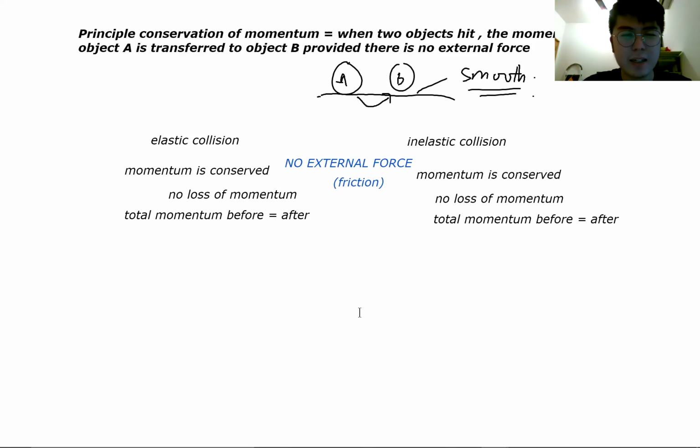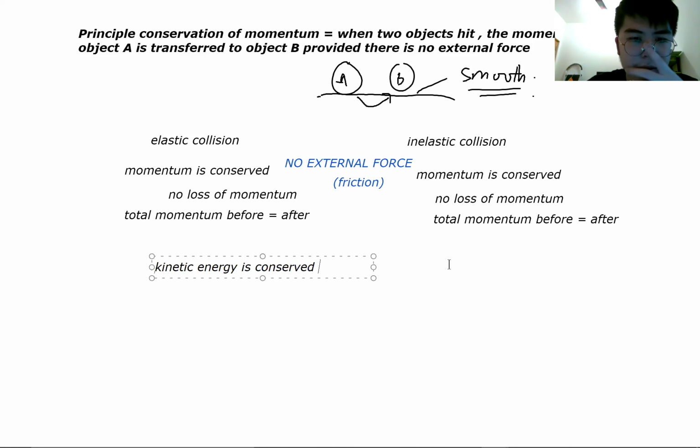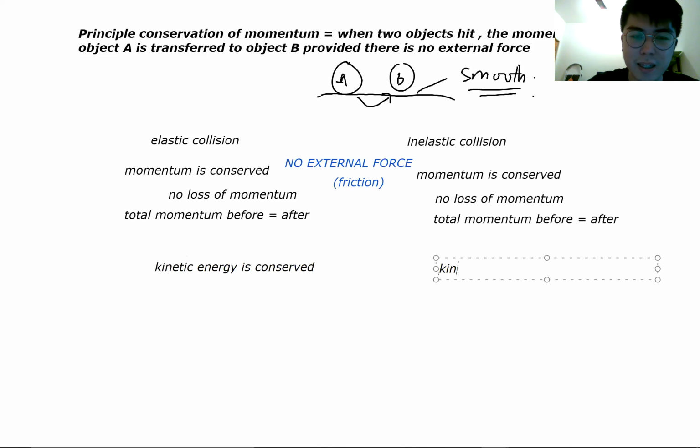Now, another one, this one is about momentum. Another one is kinetic energy. The main difference here is, in elastic collision, kinetic energy is conserved, no loss of kinetic energy. And in inelastic collision, kinetic energy is not conserved.